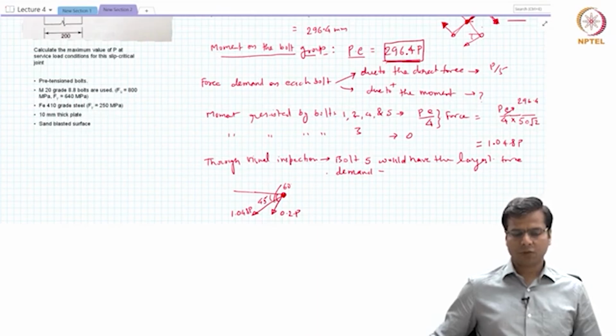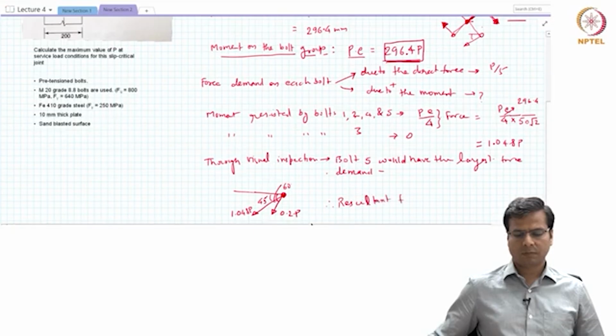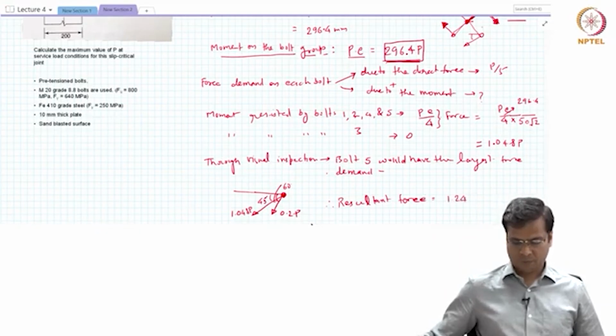Correct? So once we know these two, we can take their horizontal and vertical components and add them and again take the resultant. So the resultant force will be equal to 1.242 times P.